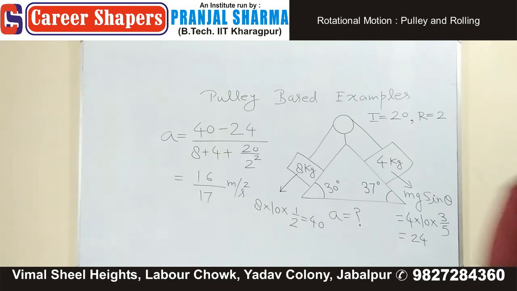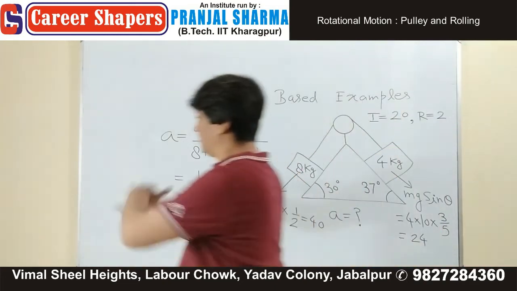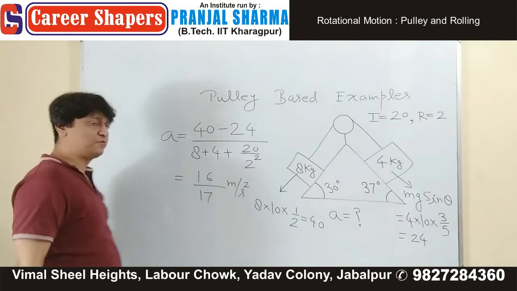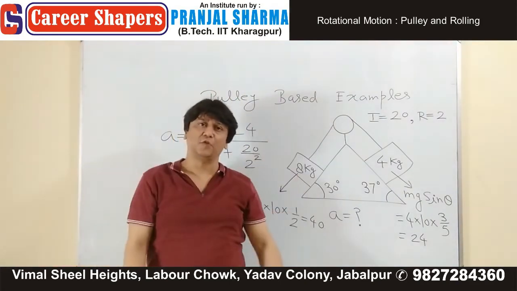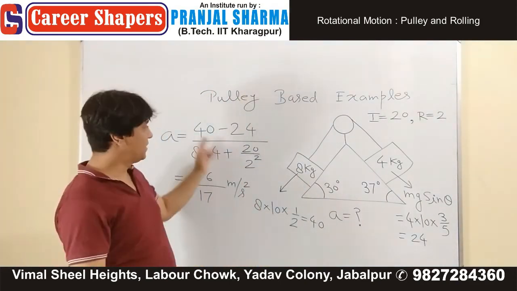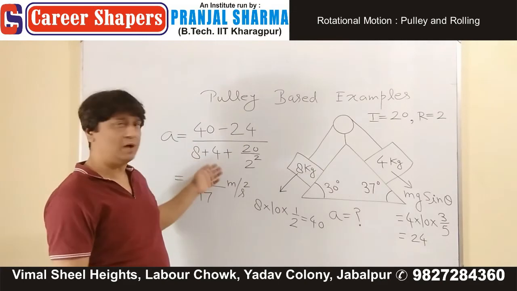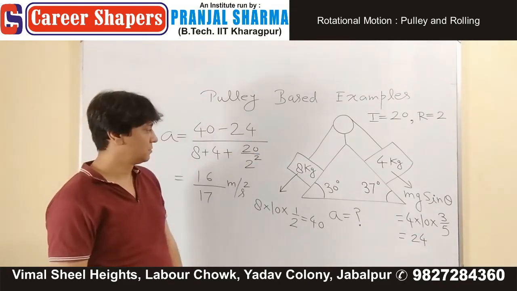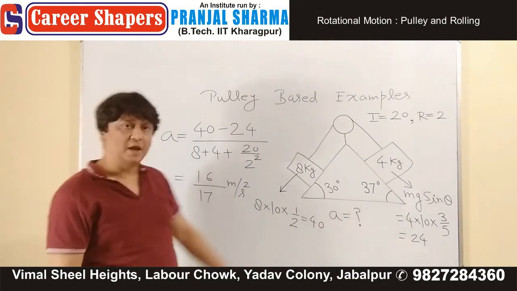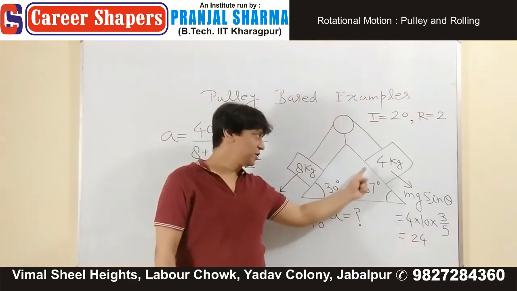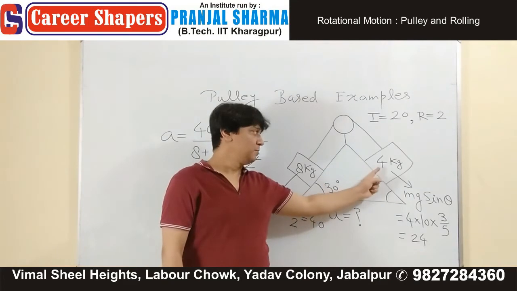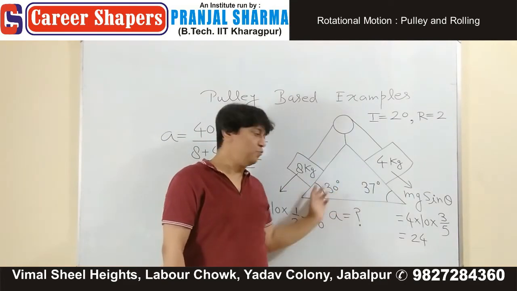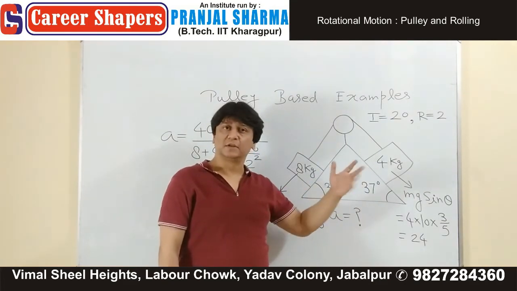It doesn't matter whether you have an inclined surface, a flat horizontal surface, or both blocks hanging vertically. What is the theme? Find out the net force, divide by total mass. Even if friction is present between the block and the wedge, there is nothing difficult.